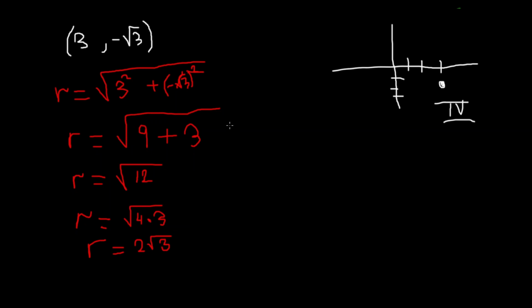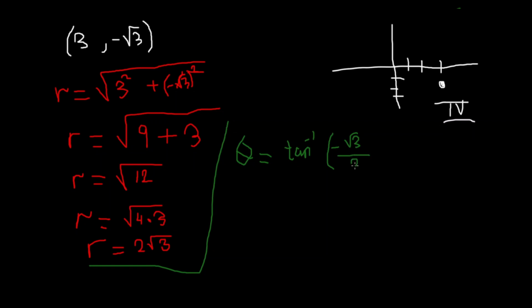Now to find theta, we can use the same formula: theta equals arctan of y over x. All you have to do now is plug the values in. So our y value is negative square root of 3, and our x value is 3.